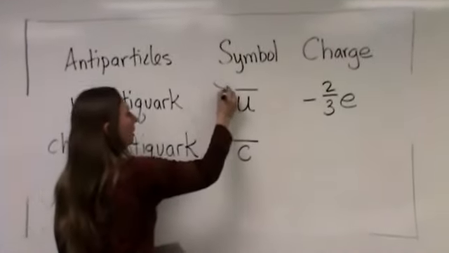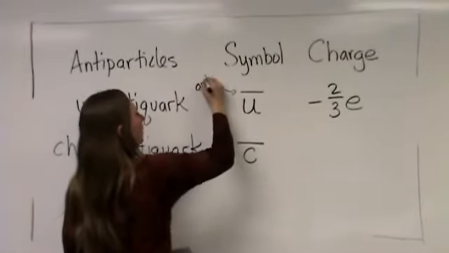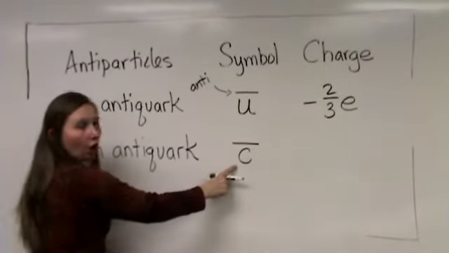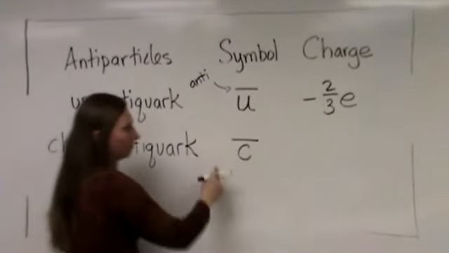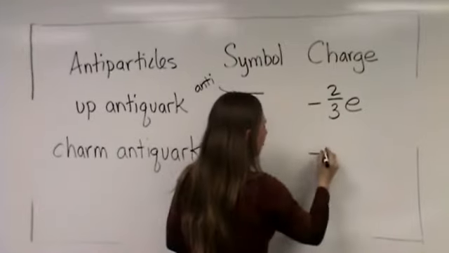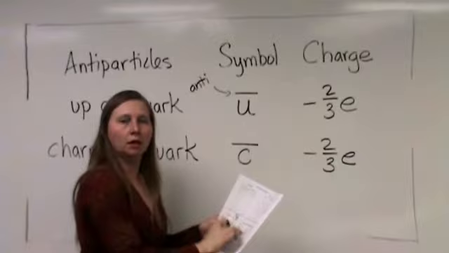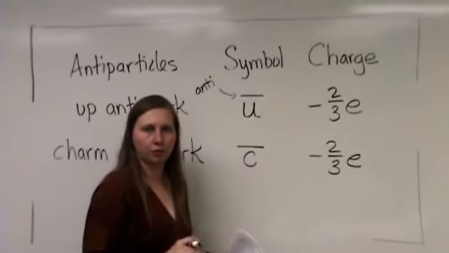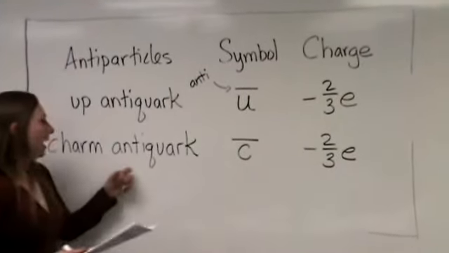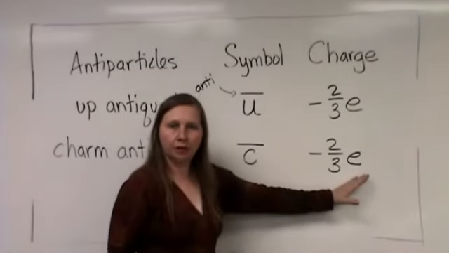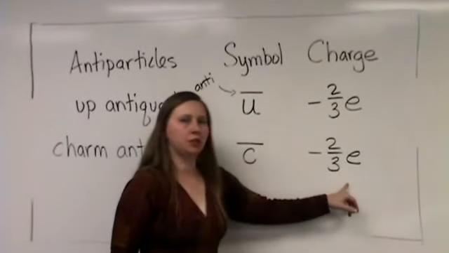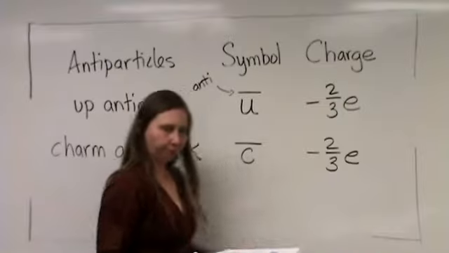That line means anti. So this is the charm antiquark. And the charge would be negative 2/3 e, because the charm quark, according to the chart, is positive 2/3 e. So the charm antiquark is the same magnitude, 2/3, but opposite sign or opposite charge.